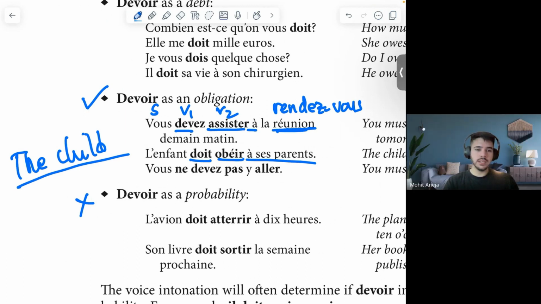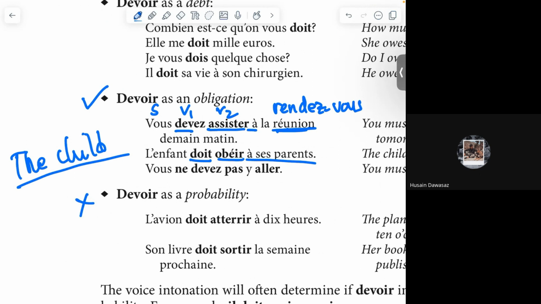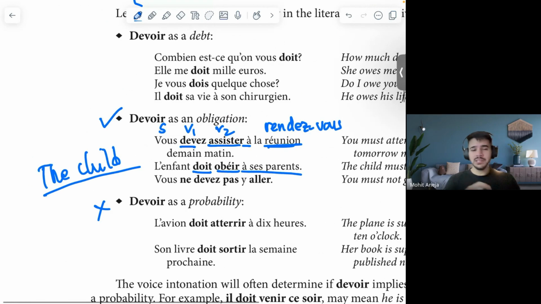Yes, Hussein, any doubts here? No, it's clear. Okay. So this was the first use case. And the second is debt.